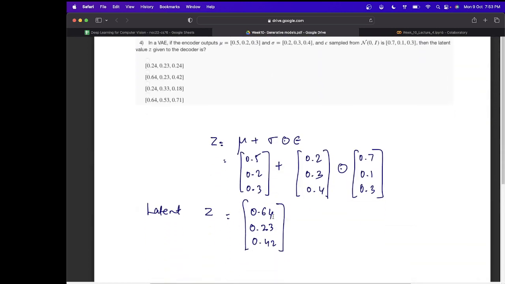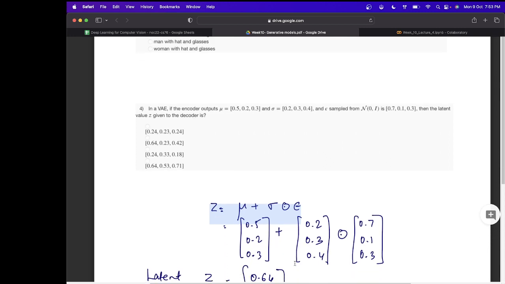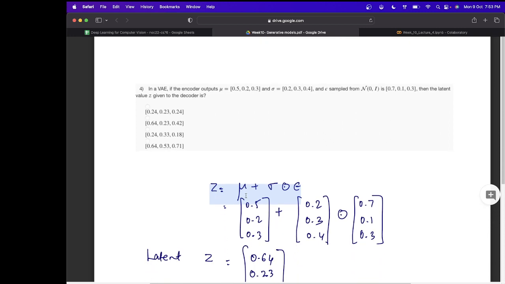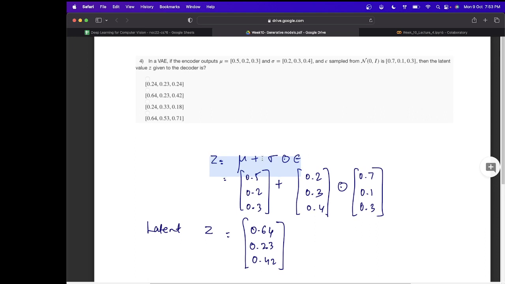So now, going by simple probability tricks, your Z finally, instead of sampling from the Gaussian, becomes mu plus sigma times epsilon. This epsilon you have basically generated from the 0 1 Gaussian, right? So you can go back and revise your probability classes to find out why this is true, but this is how it works.